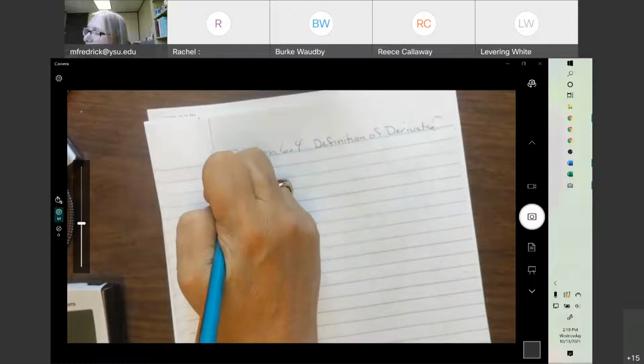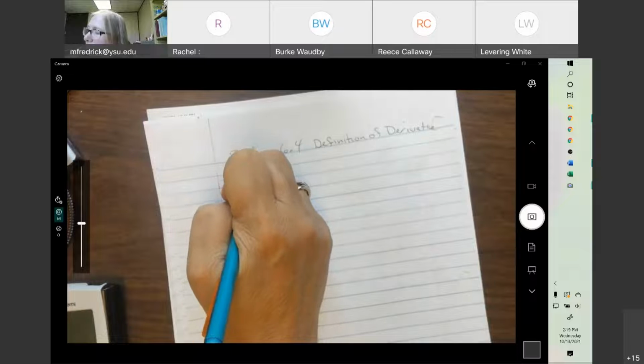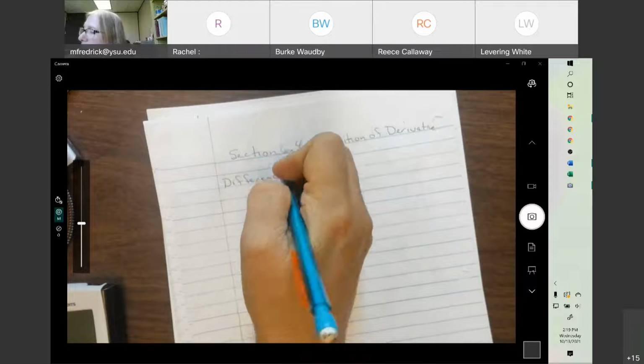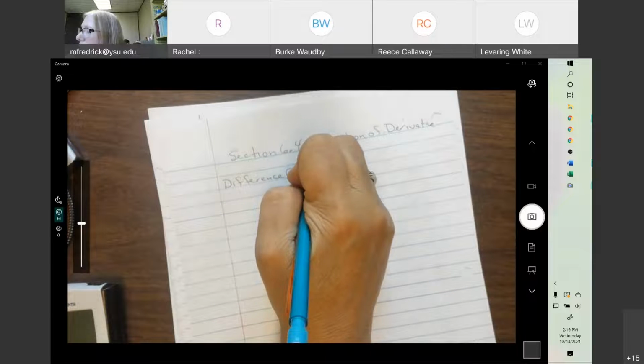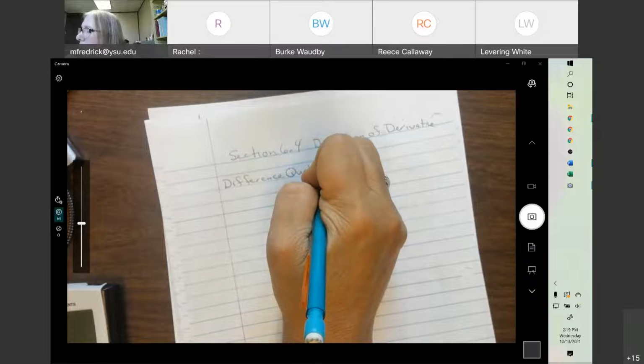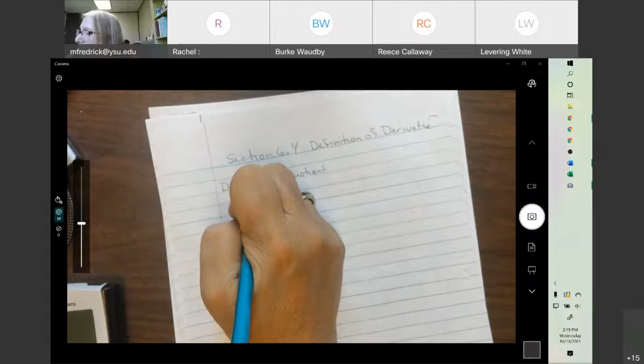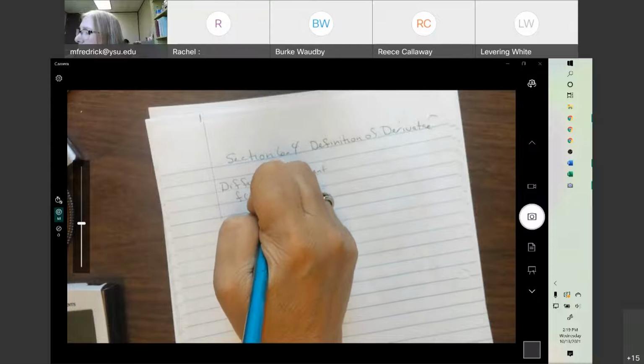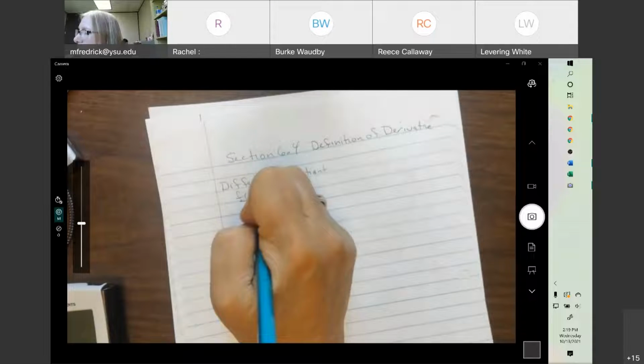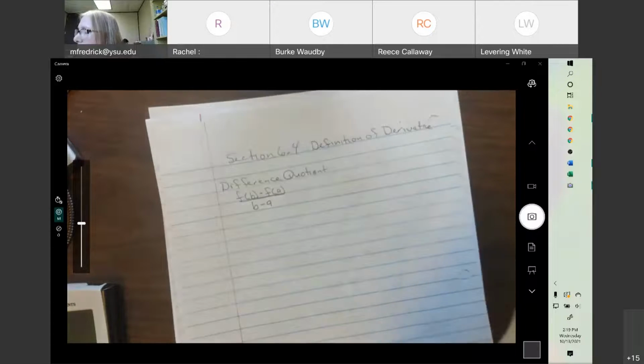The first one is the difference quotient. And we've learned this already. That's your slope, f of b minus f of a over b minus a.